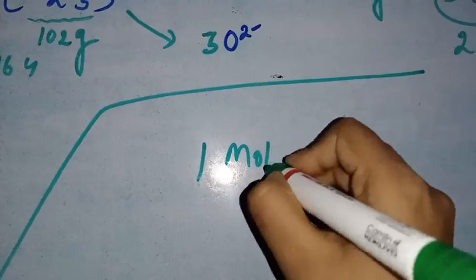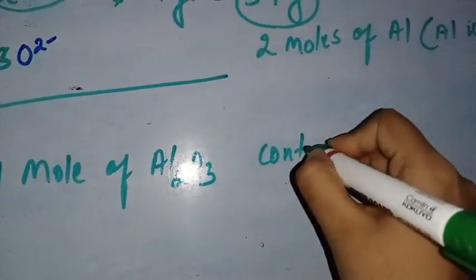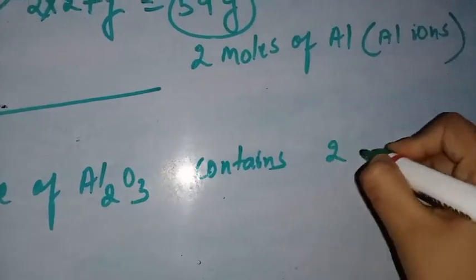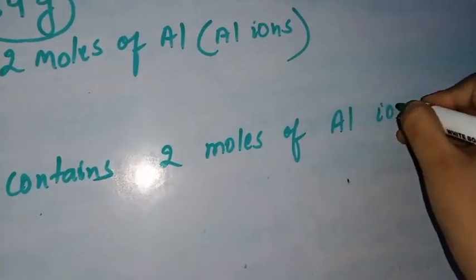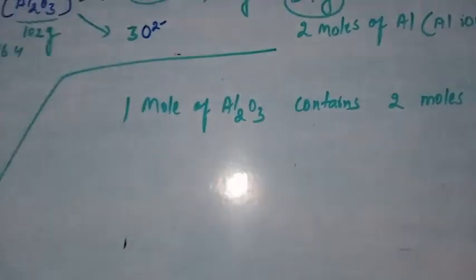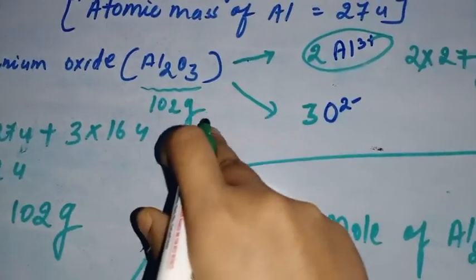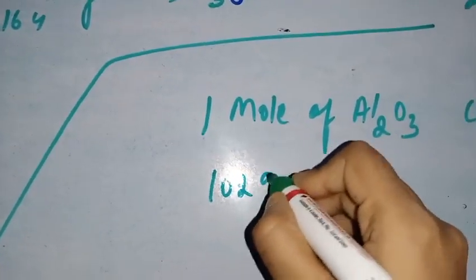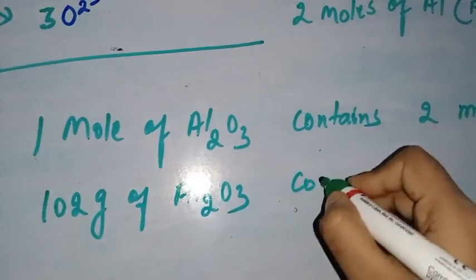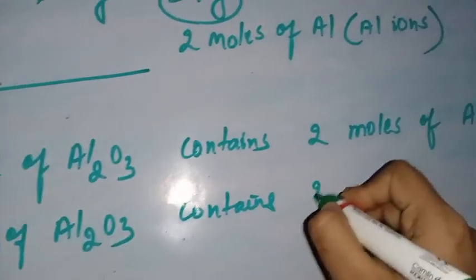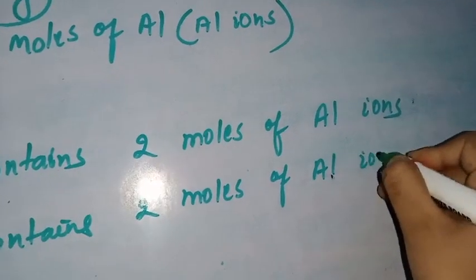So this we will write here: 1 mole of aluminium oxide contains 2 moles of aluminium ions. 1 mole of aluminium oxide can be written as 102 gram of aluminium oxide, which contains 2 moles of aluminium ions.